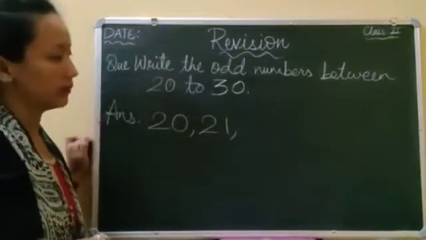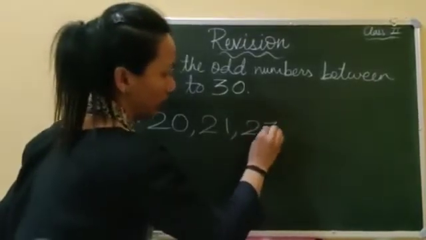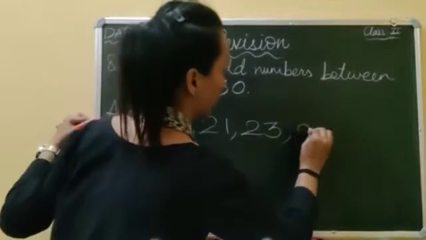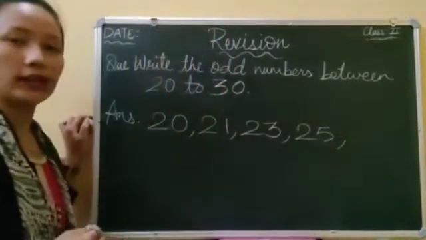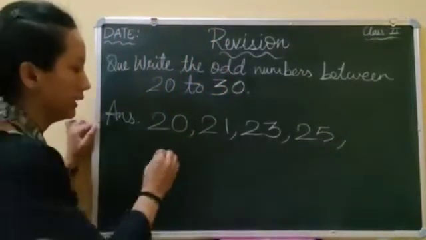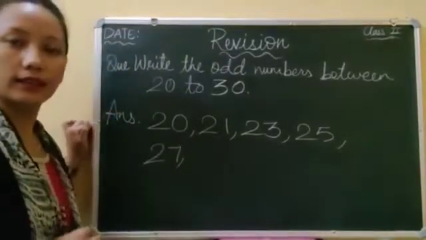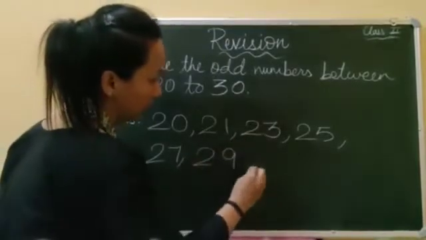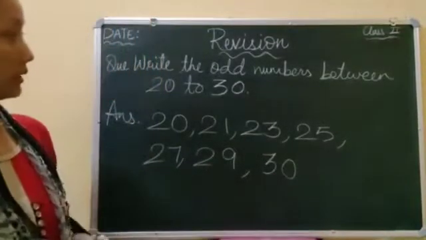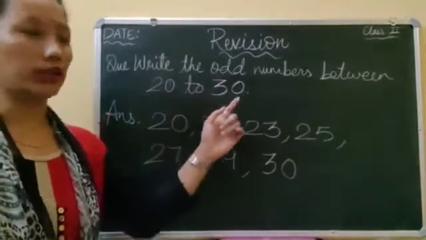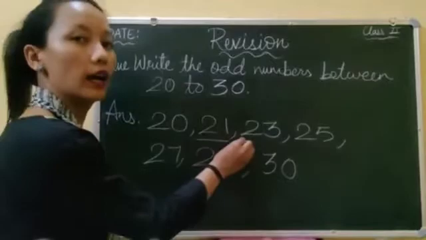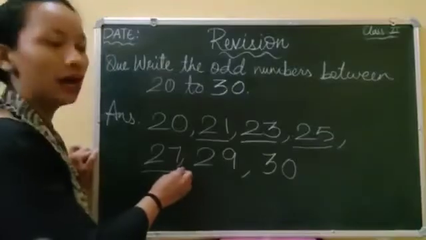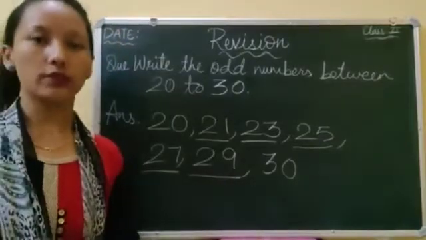After 21, yes, 23. After 23, the next odd number, yes, 25. Very good. After 25, we have 27. Then after 27, 29, then 30. That means the odd numbers between 20 to 30 are 21, 23, 25, 27 and 29. Okay, students.